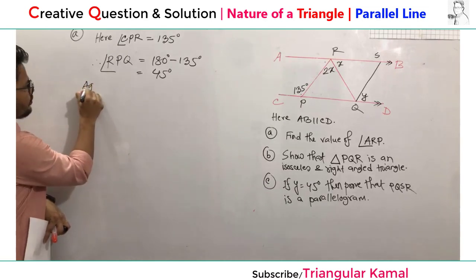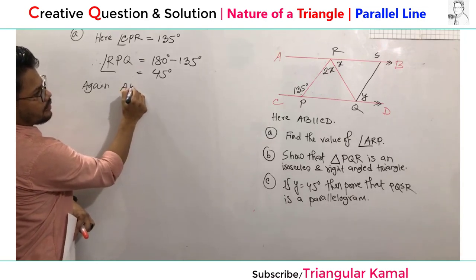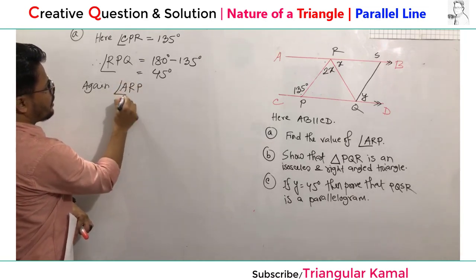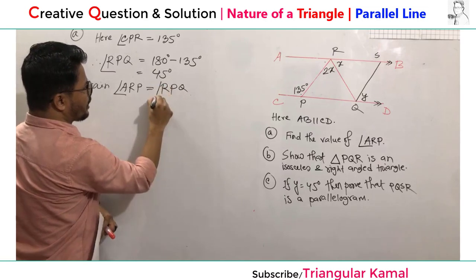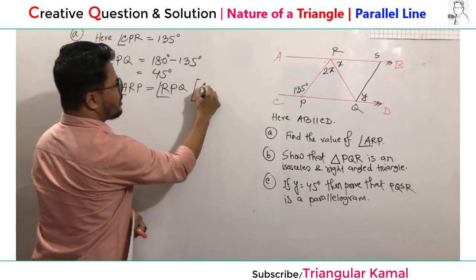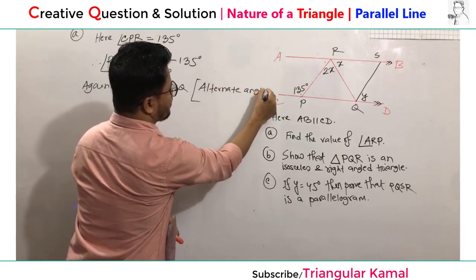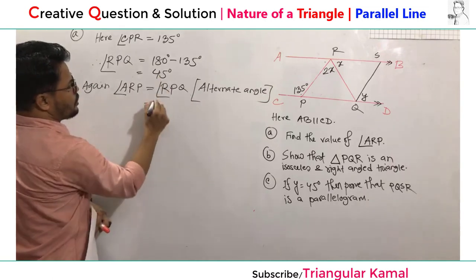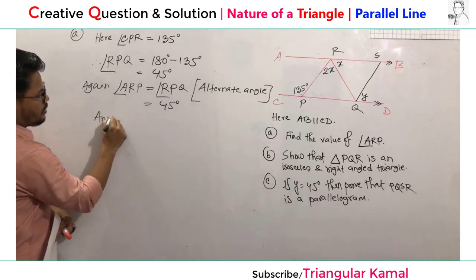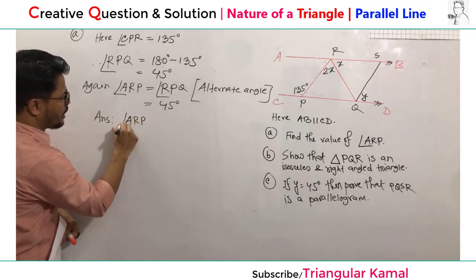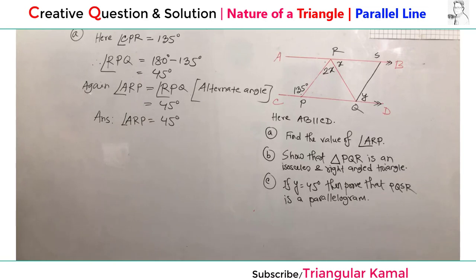Again, ARP angle equal RPQ angle. So in the side note you can write here, alternate angle. So this angle value is 45 degree. So finally we can write our answer: ARP angle is 45 degree here. This is our question number A answer.